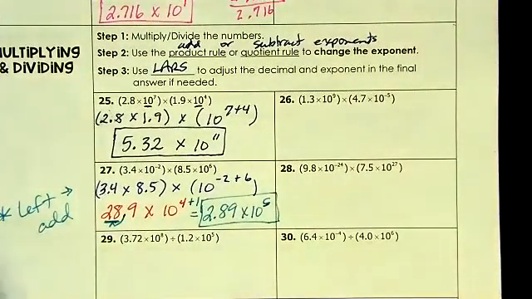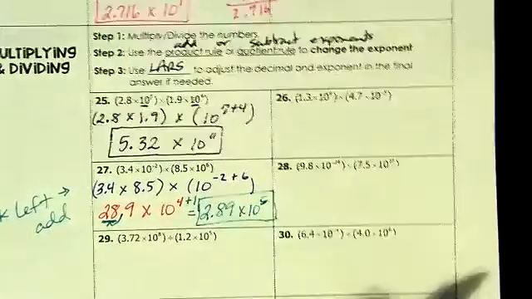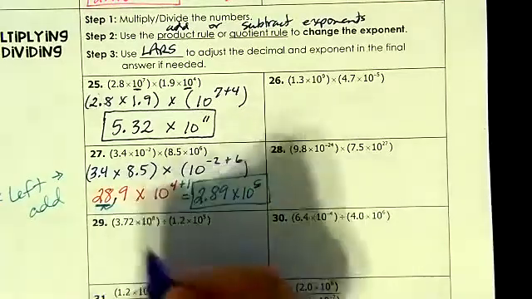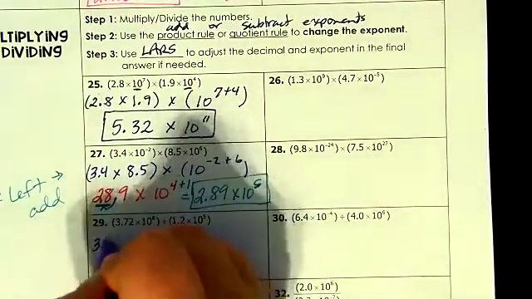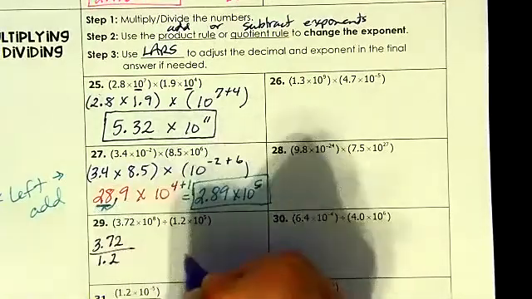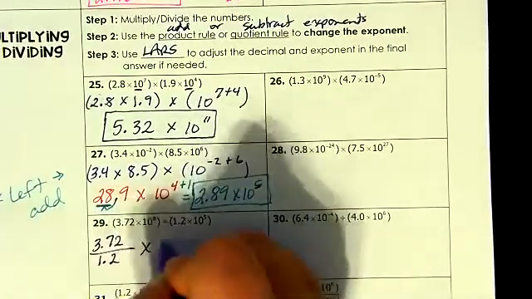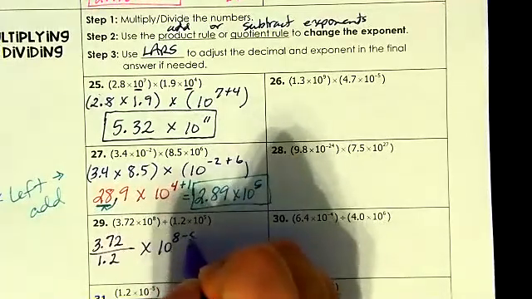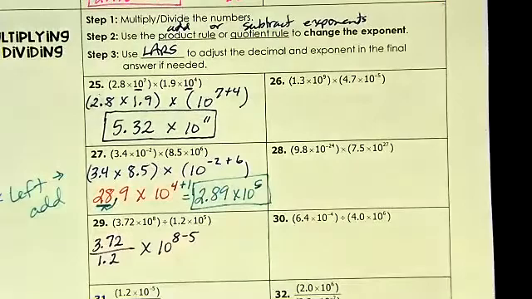Again, if you need to watch that again, pause it and rewind. All right, 2 more and then we're done, guys. Okay, for 29. All right, we're doing division now. Okay, I reset these up to where I have 3.72 divided by 1.2 times 10 to the, since I'm dividing, that means I'm subtracting the exponent, so it's going to be 8 minus 5.